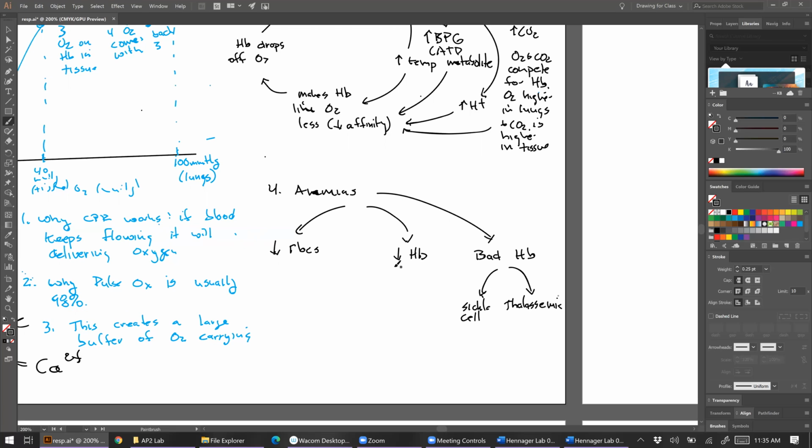Low hemoglobin can be iron deficiency, or it can also be B12 deficiency, which is called pernicious.